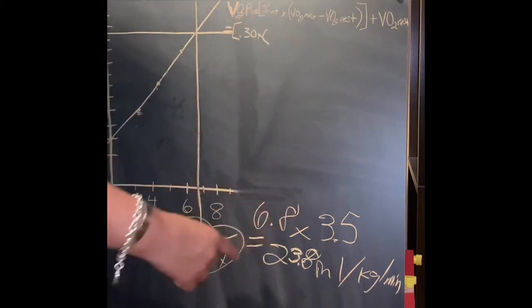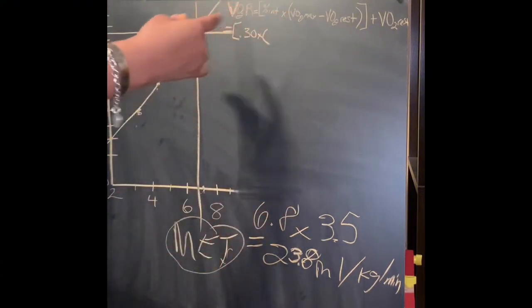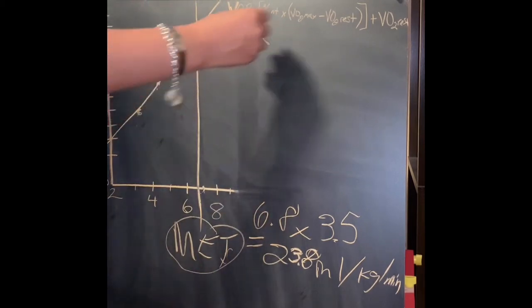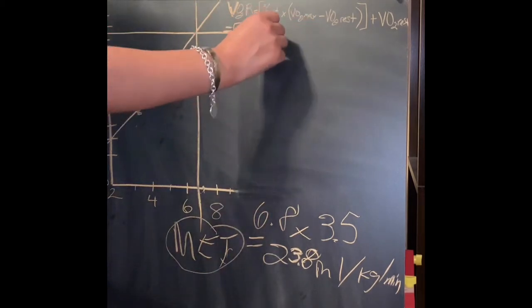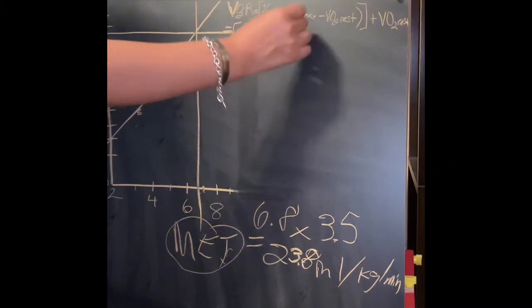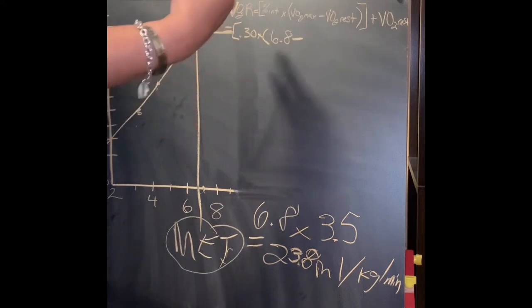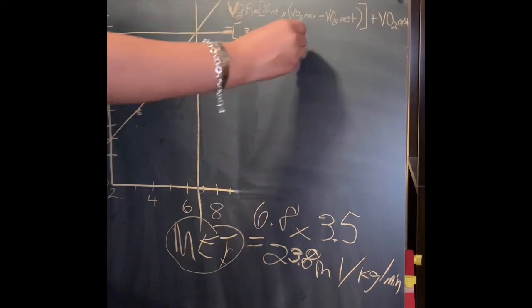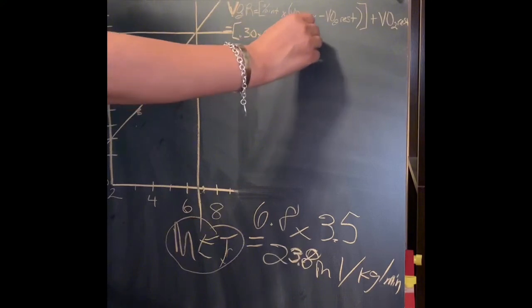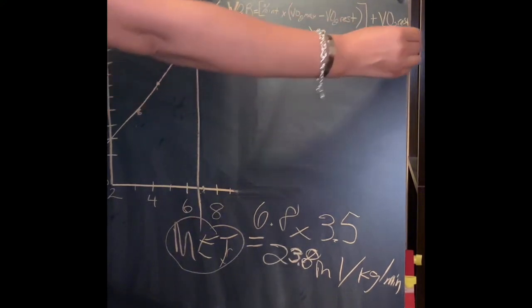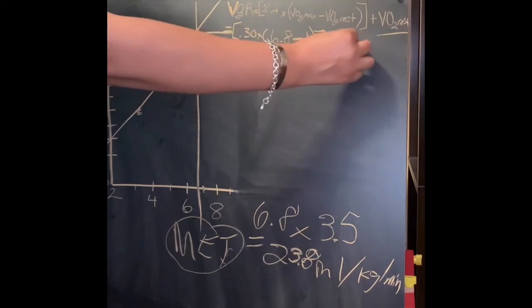We could have used the 23.8 and everything would have been in milliliters per kilogram per minute, but right now we're going to deal with METs. So we said that the METs for his VO2 max was 6.8. Then minus VO2 at rest. If we're dealing with METs, the VO2 at rest is always going to be 1. All right, so 6.8 minus 1 plus VO2 at rest, which is once again 1.